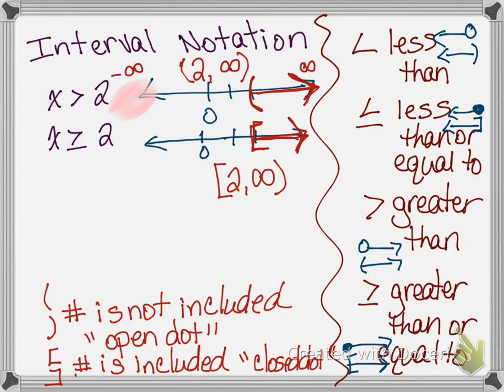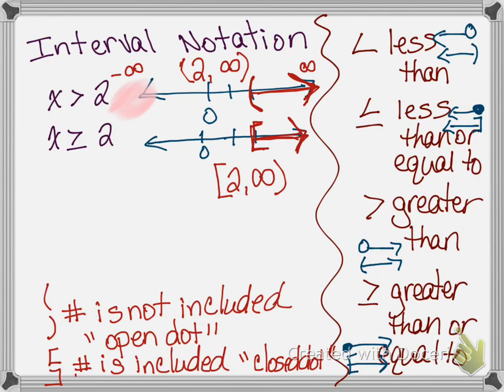Well, if it's greater than, it's got to be more than 2. The other one can be all the way up to 2. Can 2 be part of your solution in the top one? No, it can't.